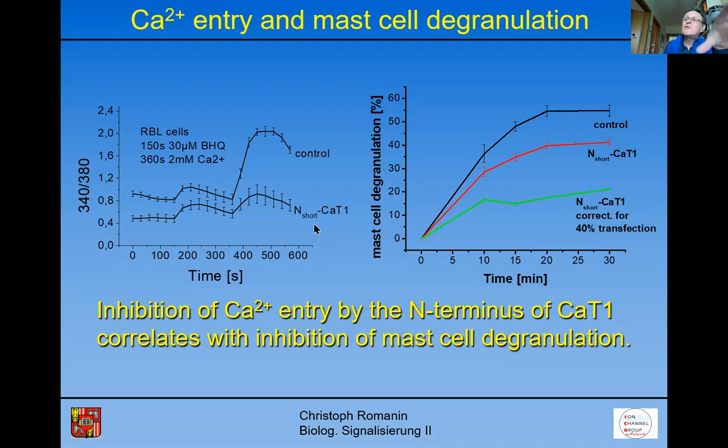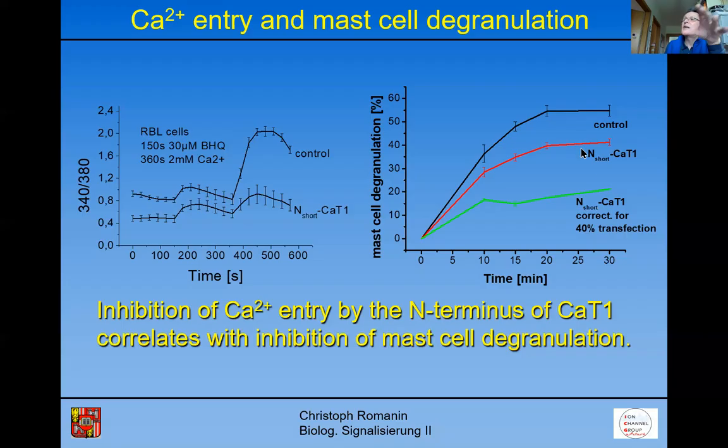This means we have only about 40% transfection, and we cannot decide whether cells actually have or have not taken up the amino terminus.